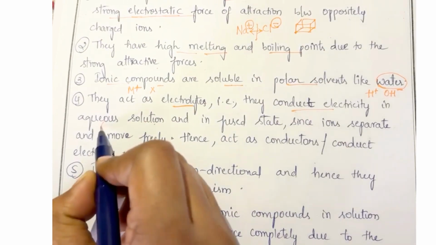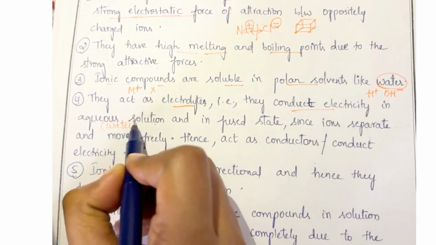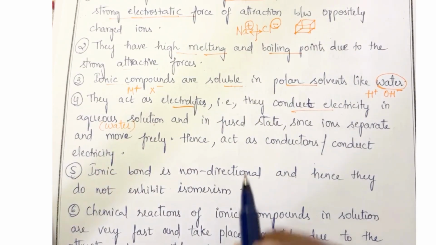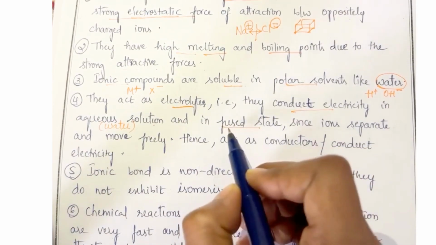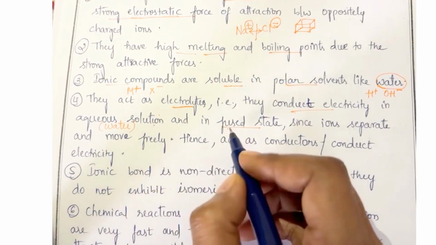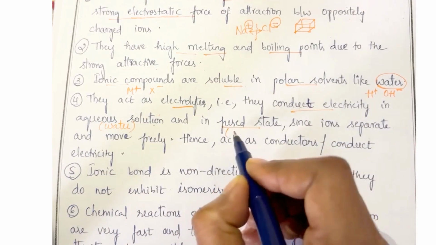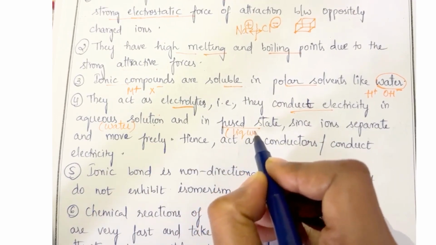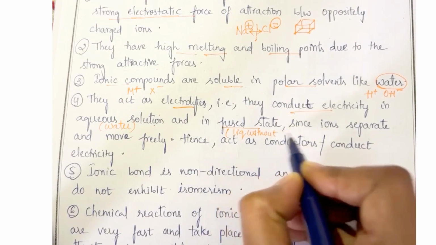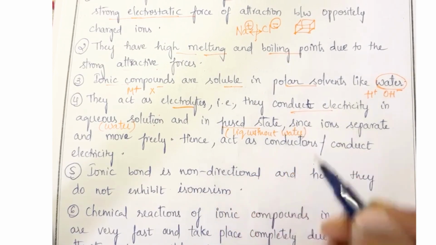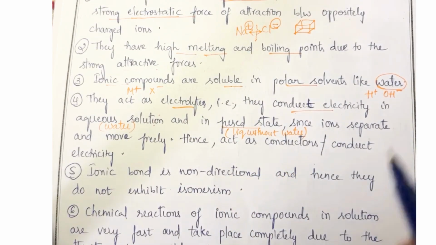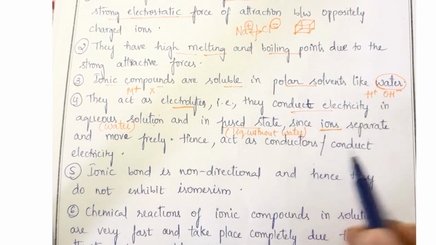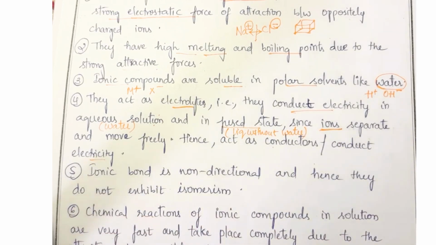If you make a solution using water, then you call it an aqueous solution. What is fused state? If you directly heat the salt and convert it into liquid, liquid without water is called fused state. In both cases, you see ion formation and hence they conduct electricity.